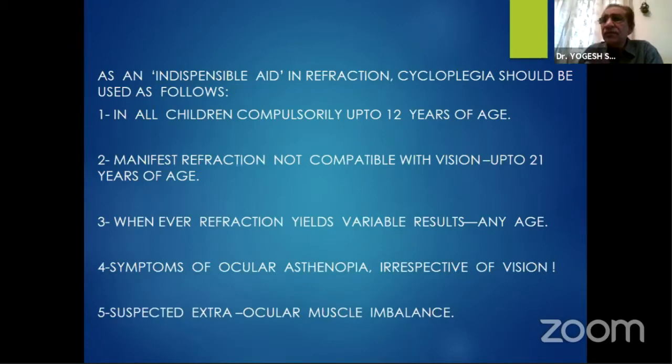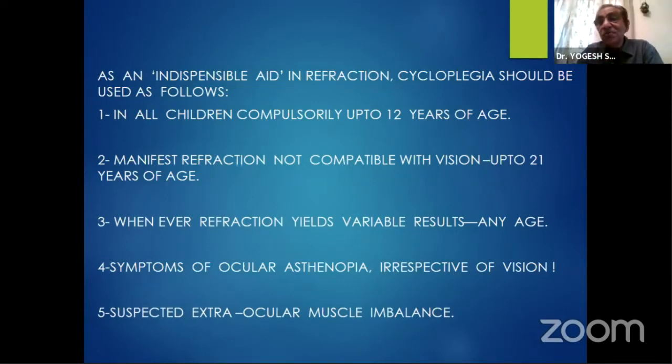I have done 2 theses of my postgraduates, 2 theses, and that paper has been already read in the last few AIOC conferences also, that patients coming with 6/6 vision, at least 30% of them, after doing a cycloplegic refraction, have manifested with hyperopia or hyperopic astigmatism, and that was the reason for ocular asthenopia.